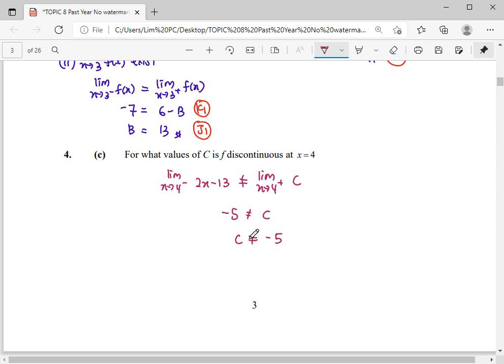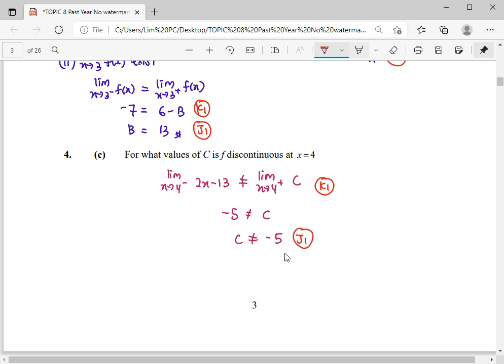If c is not equal to -5, it will be discontinuous because we make the limits not equal. Not equal means this is a situation of discontinuity. So c not equal to -5 will make the function discontinuous. Our concept here is that the limit from the left hand side is not equal to the right hand side.